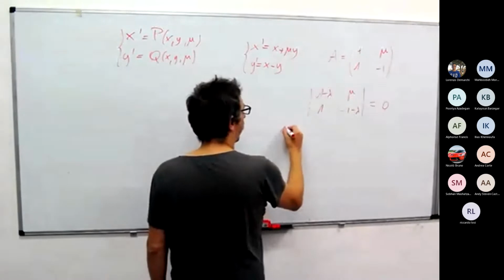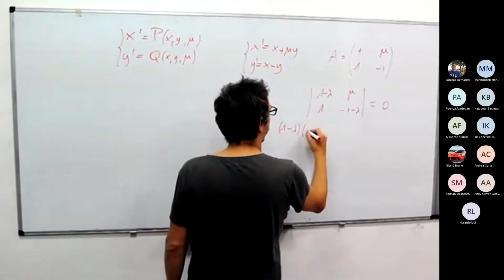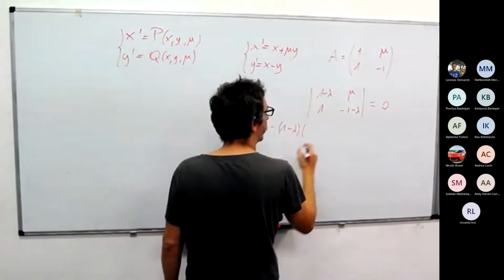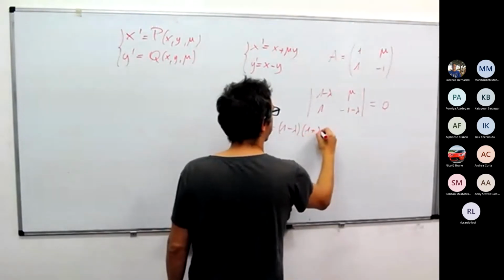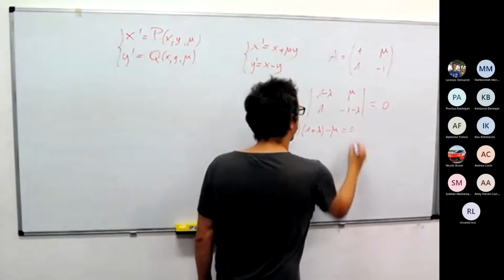Right now, this is (1 minus lambda) times, well, there is a minus in front, (1 plus lambda), minus mu equal to 0.